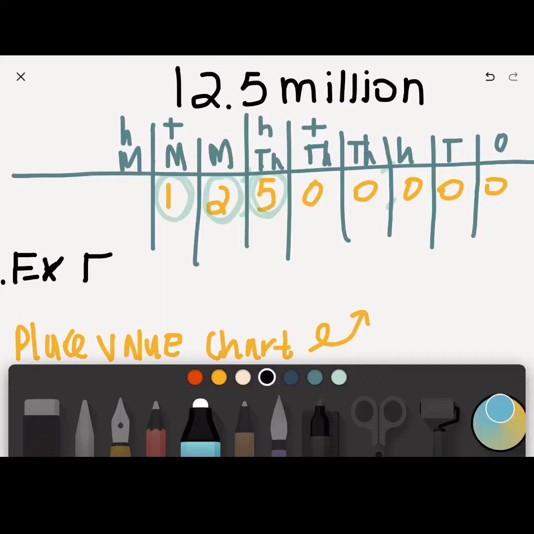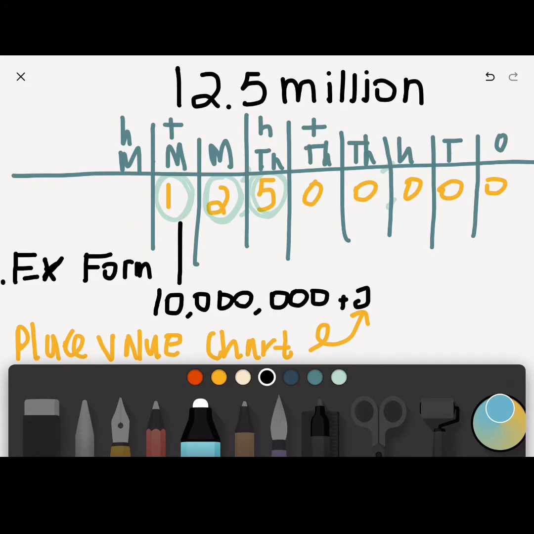I'm going to talk today about how we can use our place value chart to put a number in expanded form. Okay, so expanded form helps us recognize the value of each digit. So the 1 in the 10 millions place has a value of 10 million. The 2 in the millions place has a value of 2 million.